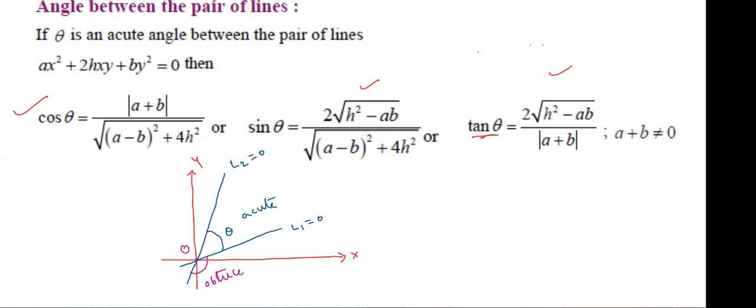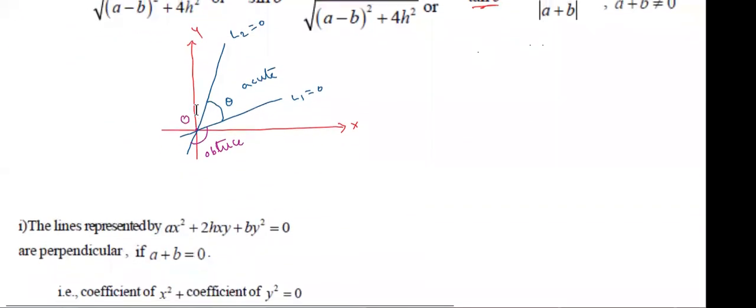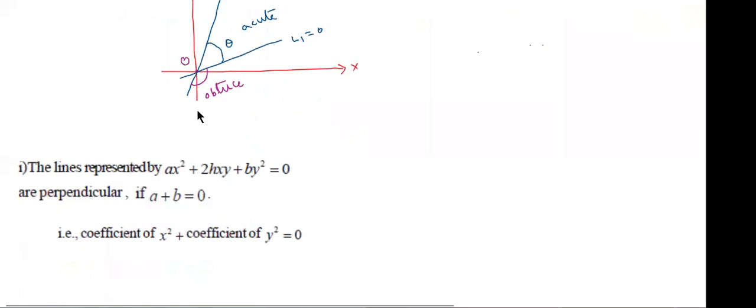Okay, students. So for the pair of lines, observe the x square coefficient and the y square coefficient. The sum of the x square coefficient and the y square coefficient, that means a plus b is equal to 0, means the angle between the pair of lines is 90 degrees.